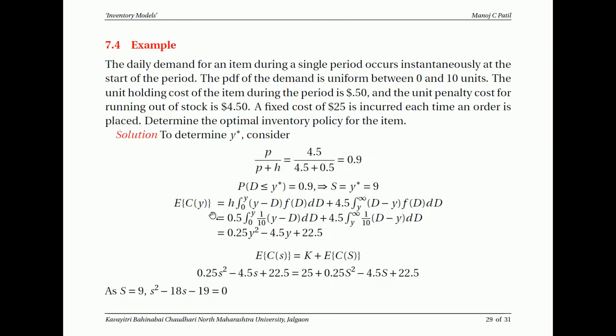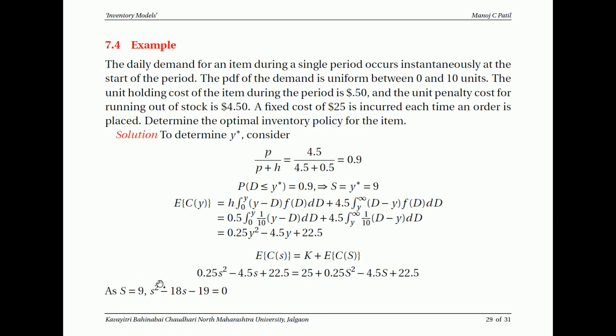So for the expected value of C of y, we got this quadratic equation here. For small s, we have to find the expected value of C of s equal to K plus the expected value of C of capital S. Put that s in the same equation, add K, and solve this equation.